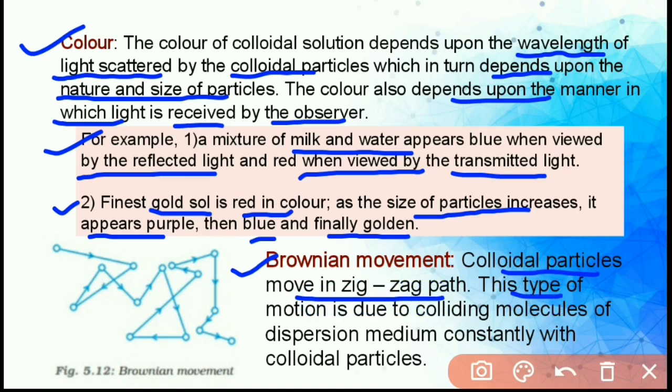This type of motion is due to the molecules of the dispersion medium continuously colliding with colloidal particles. So colloidal particles randomly move in a zigzag manner, and this type of motion is called Brownian movement.